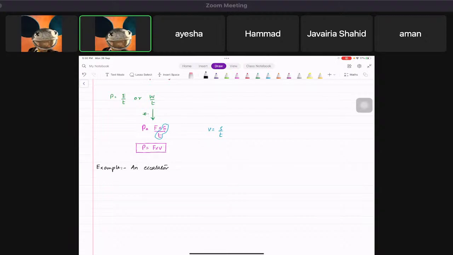It says an escalator is 60-meter long and lifts passengers through a vertical height of 30 meters.